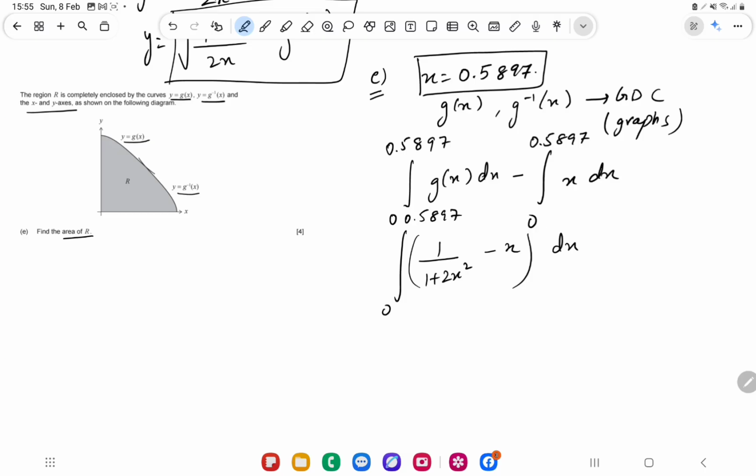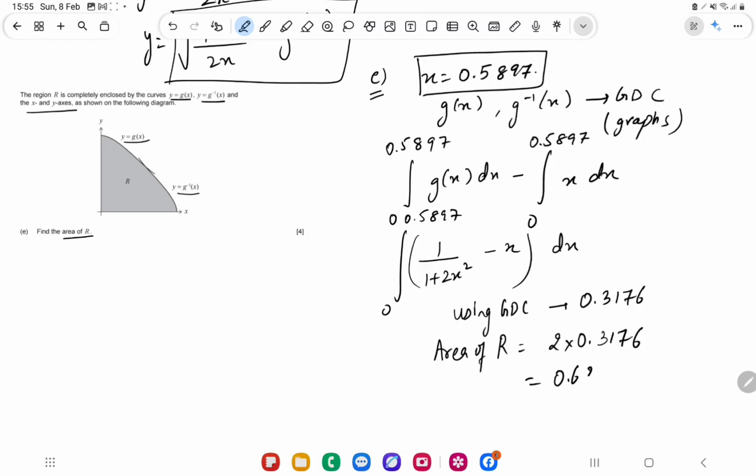Since it is paper 2, you can use your GDC. So using the GDC, when you put this function, you will get your area value as 0.1736. But they have asked for the entire region. So for the entire region, the area of R is nothing but twice this, which is coming at 0.3472. So this is the answer.